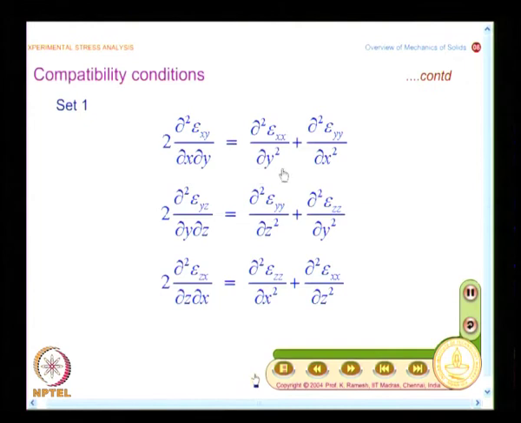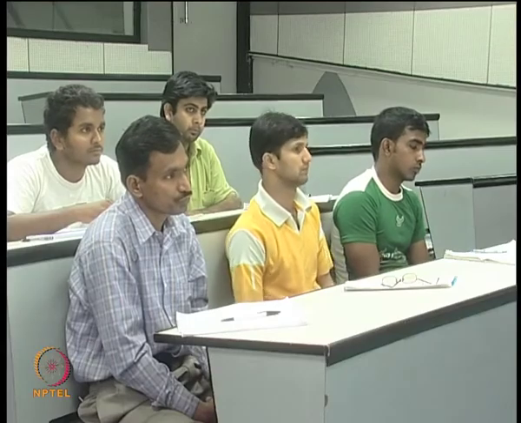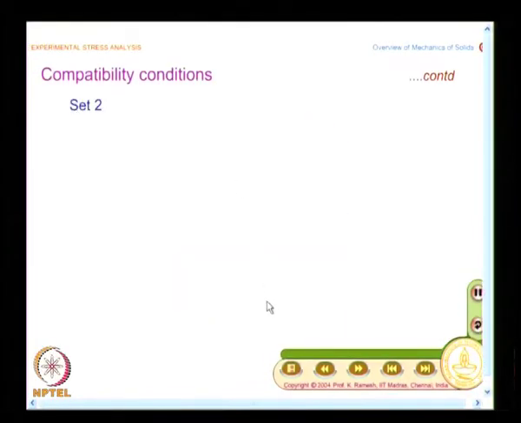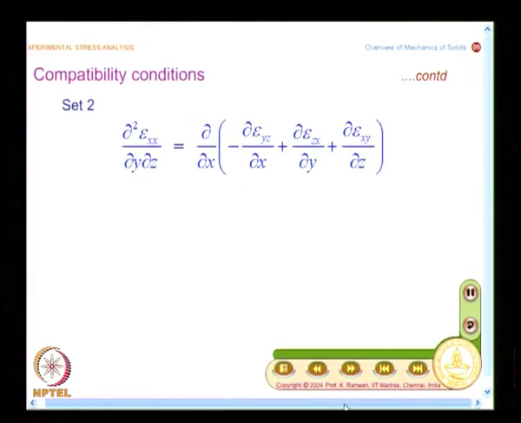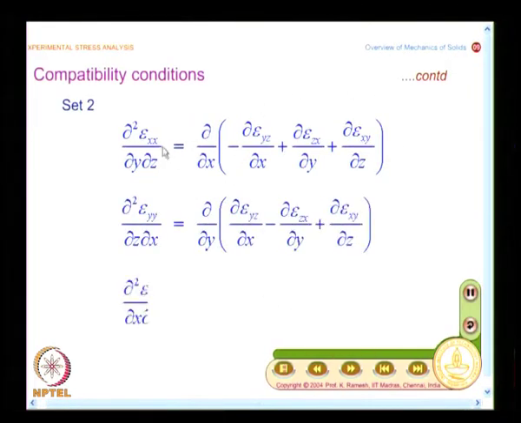Once I have this, if I know the stress strain relations or strain stress relation, I can replace these strain quantities in terms of stress components. In fact, it was one of the home exercise problems. I am only reviewing solid mechanics for the sake of continuity, and you have set 1 and you also have another set which relates shear strains to normal strain.